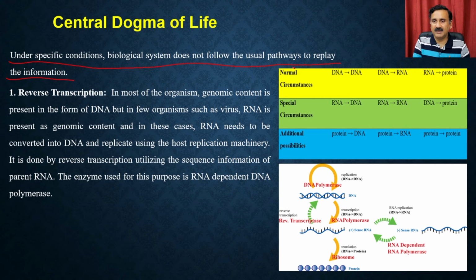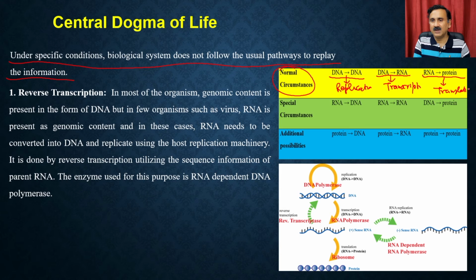So under the normal circumstances, you have the DNA dependent DNA synthesis. This is called replication, right? Then you can have the DNA dependent RNA synthesis. This is called transcription. And then you can also have the RNA dependent protein synthesis, which is also called translation.